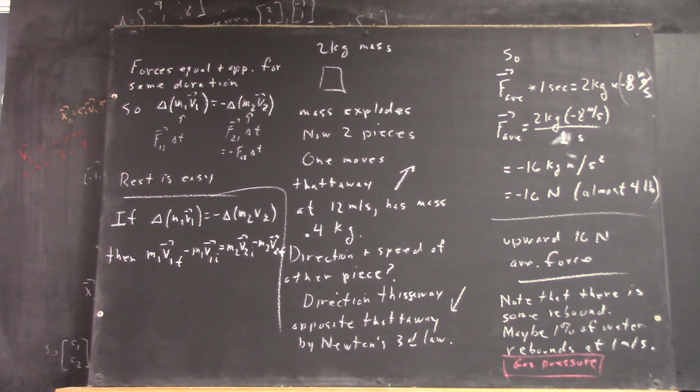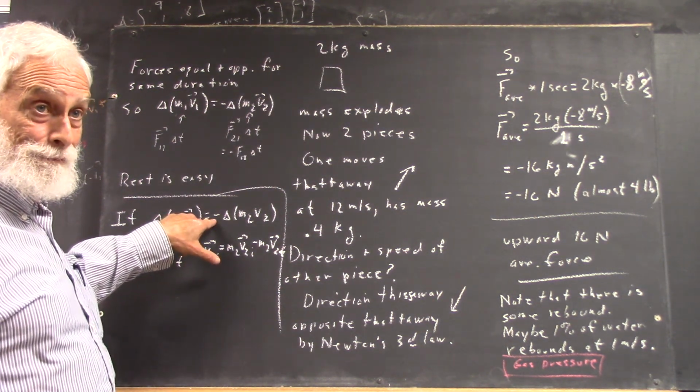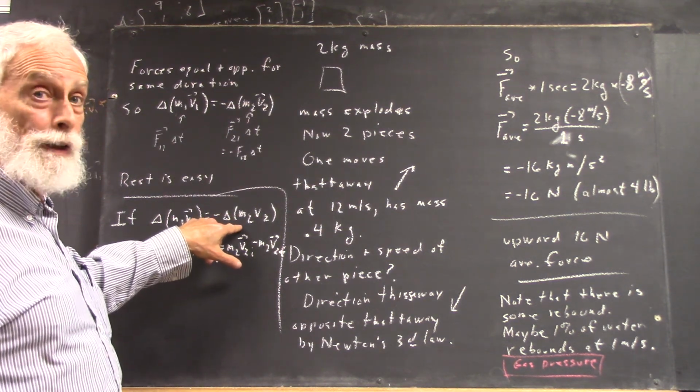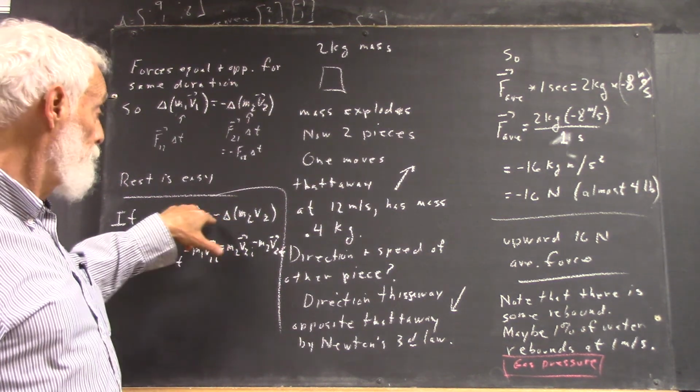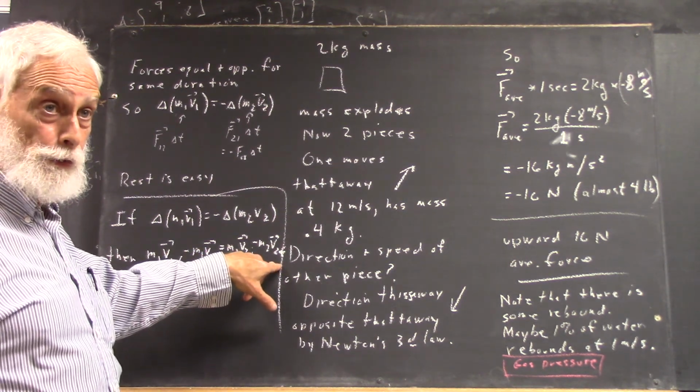Where I've applied the negative sign all in one step. This would be m2v2f minus m2v2i, but the negative sign then makes it m2v2i minus m2v2f, right?